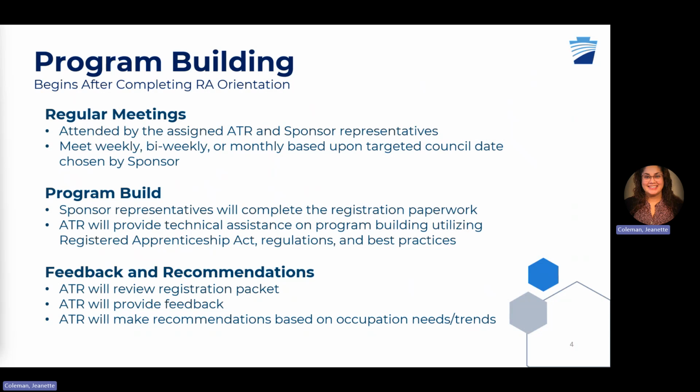Our shared goal is to help you build a high quality program that benefits both the sponsor and the apprentice. And finally, if an ATR makes a recommendation that you choose not to implement, we ask that you submit that decision in writing. Keep in mind, similar recommendations may arise later during council review as part of the approval process to help strengthen your program.